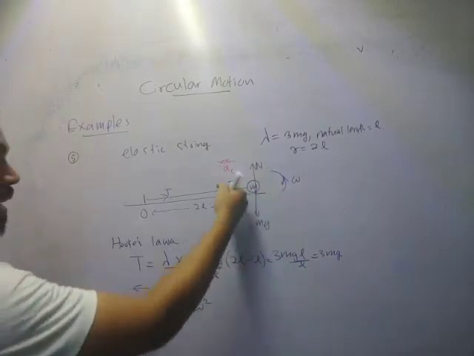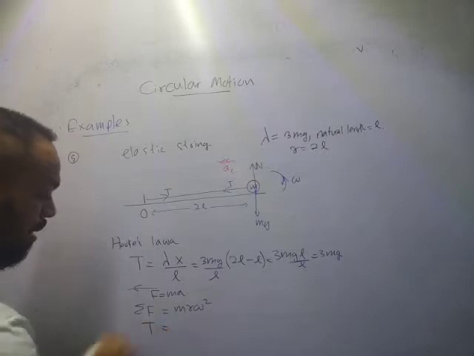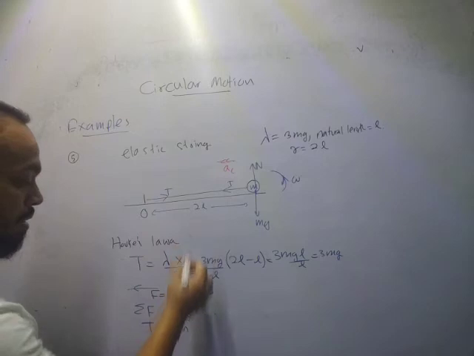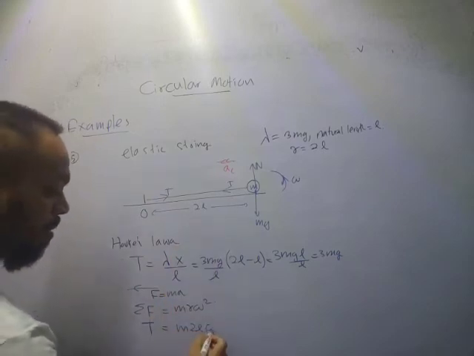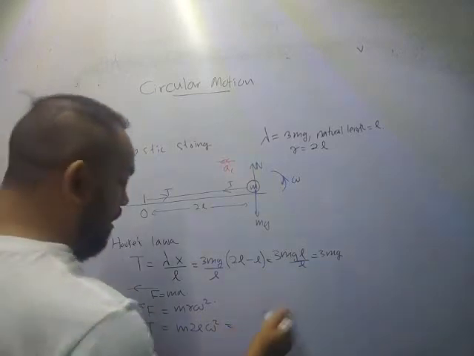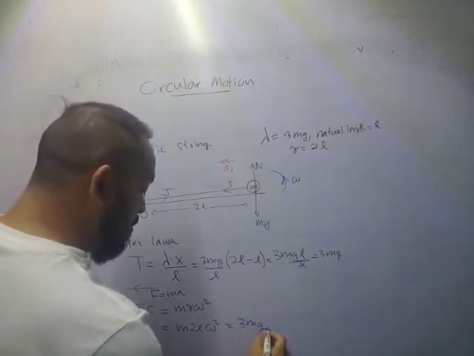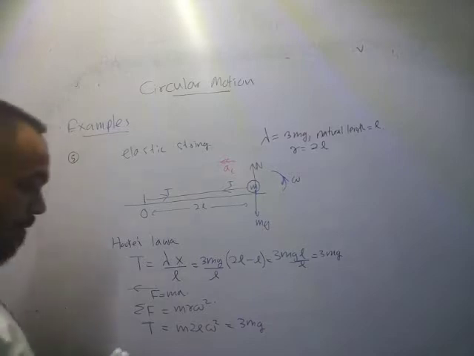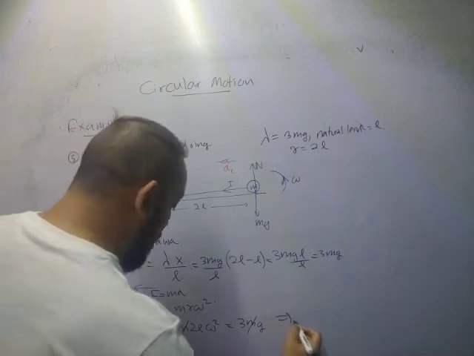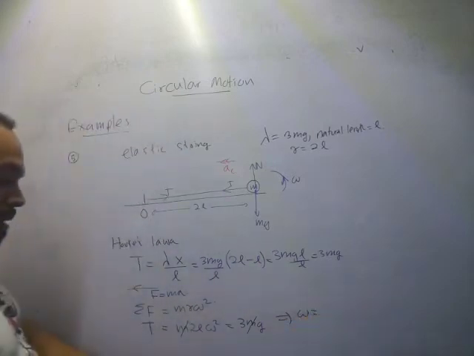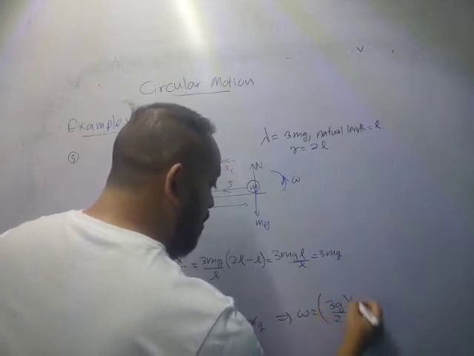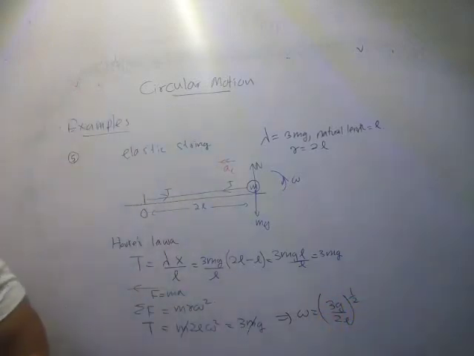So in this case, we have only tension T equal to m, R is 2L, R is 2L omega square. Now tension we just found already, 3mg. So m cancels out, and this implies our omega is 3g over 2L, square root, or to the power of half.